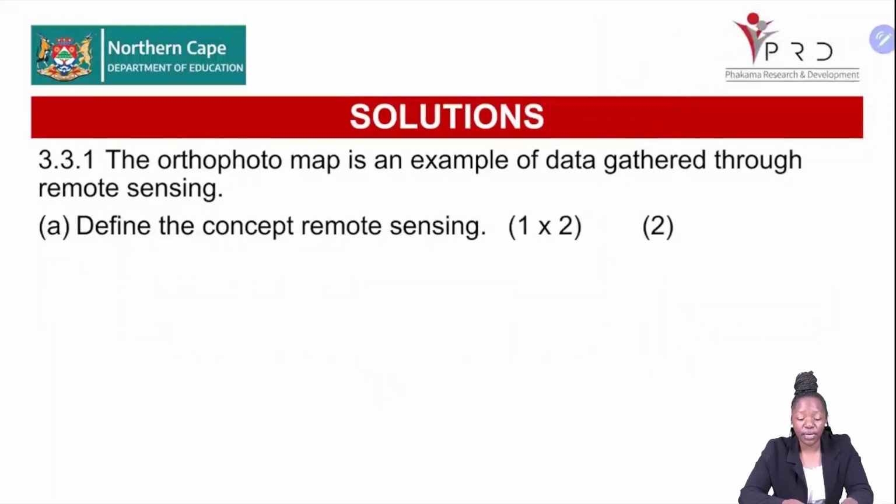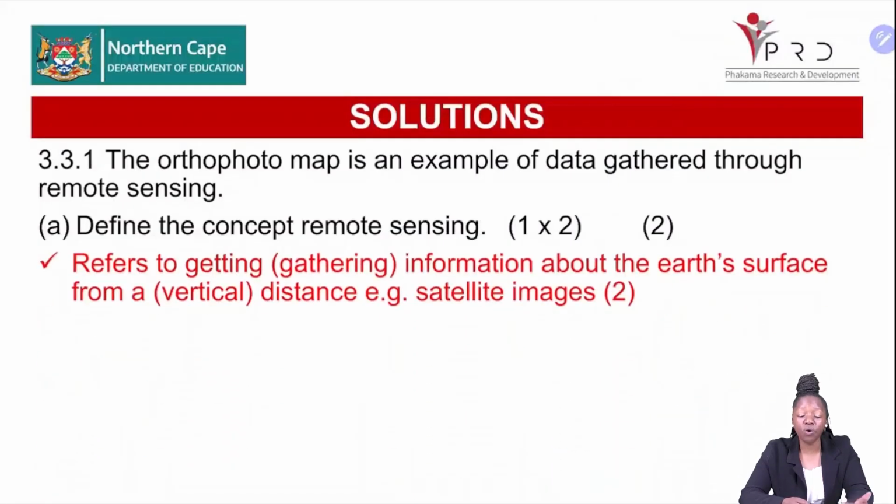Right? Looking there at our solution, we're already given that the orthophoto is an example of remote sensing. So now in defining or in getting more details about remote sensing, we are saying this is the gathering of information or the gathering of data from the Earth's surface from a distance using what? A satellite image.